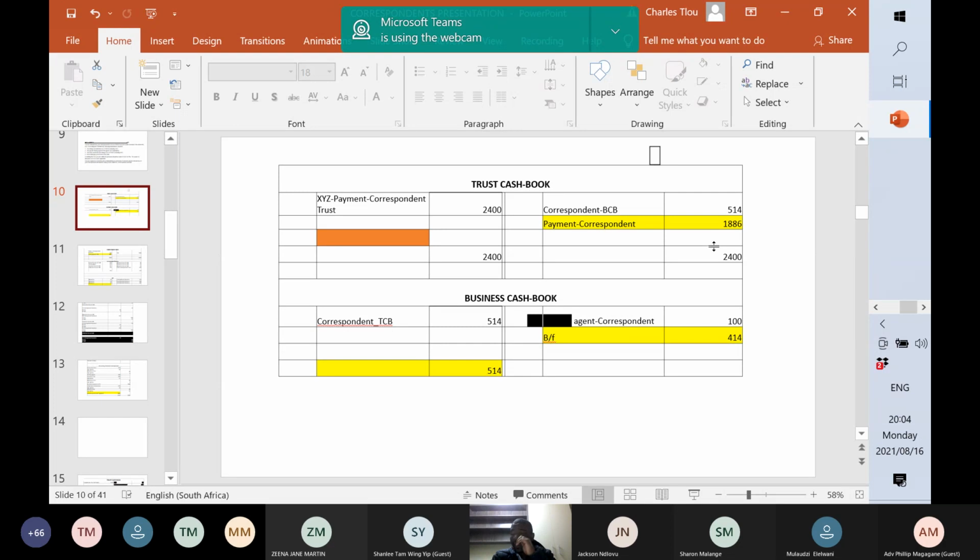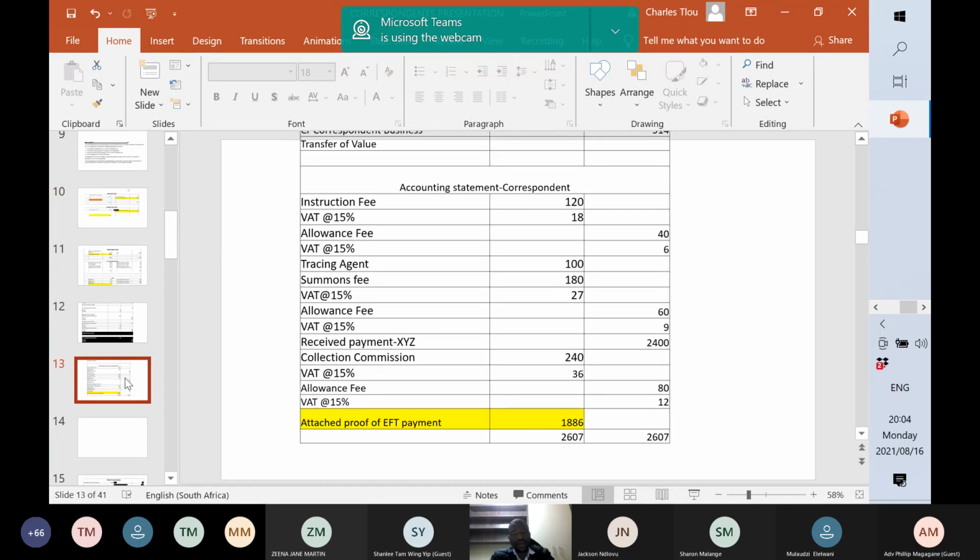If you are making an accounting statement to the correspondent, that accounting statement must show the amount that you paid over to the correspondent on the credit side of your trust cash book, which is 1886. That is how you record your accounting statement.